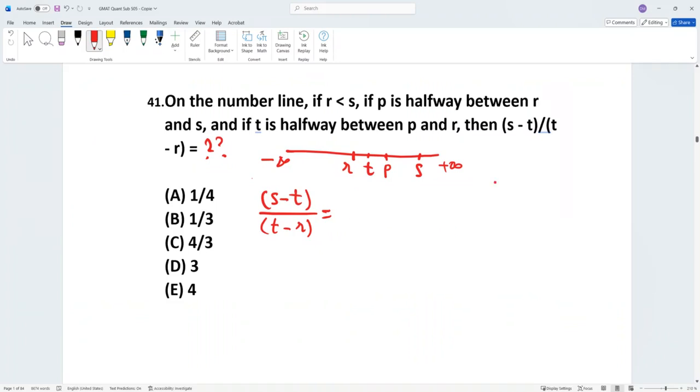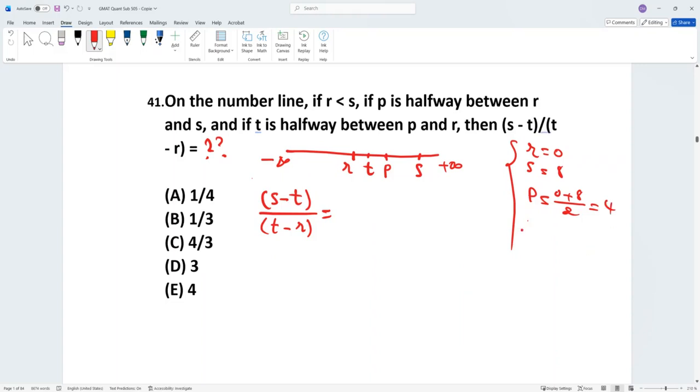So here what we can do is suppose, since R is less than S, that R is 0 and S is 8, for example. Then what must be the value of P and T? P is halfway between R and S, so P is going to be equal to (0 plus 8) divided by 2, which is 4.